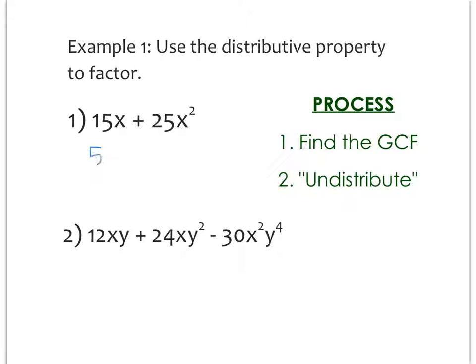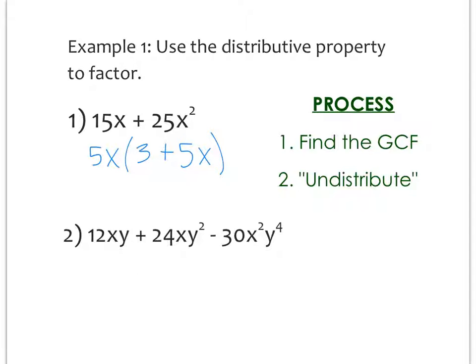So I'm going to write out 5x, and then parentheses. If I'm at 5x, how do I get to 15x? What would I multiply by? Well, 5x times 3 gives me 15x. And if I'm at 5x, how would I get to 25x squared? Well, 5x times 5x gives me 25x squared.